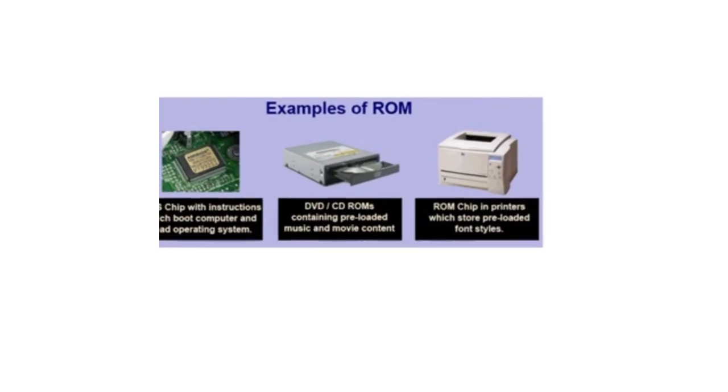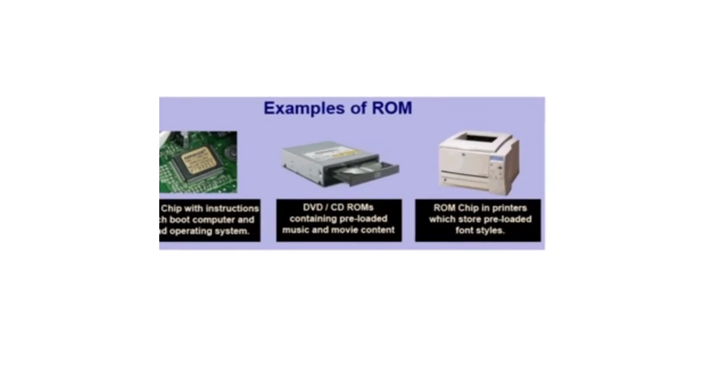Now this is the example of ROM. BIOS, CD and DVD. Do you know a ROM chip is also inserted in a printer, which helps to store preloaded font styles. You very well know what a font is. Font is the way of writing any alphabet. Okay, that is called font.